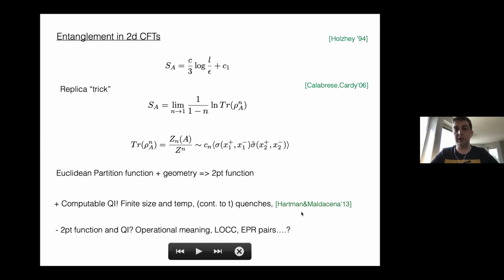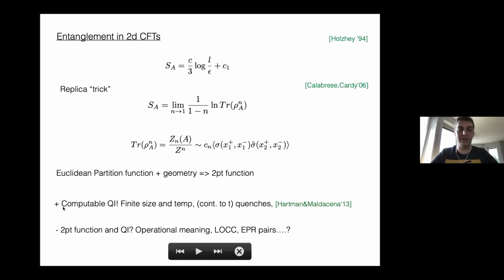In particular, the result of Hartman and Maldacena that I mentioned at the very beginning is the computation based on the replica trick and the correlation function of twist fields at large central charge, analytically continued in the Lorentzian time t. The drawback of this replica trick is that the price to pay for this computability is that in some sense we are losing the information from quantum information.